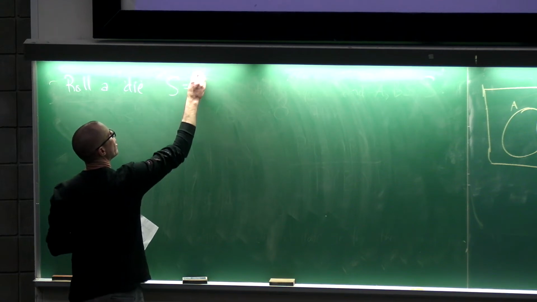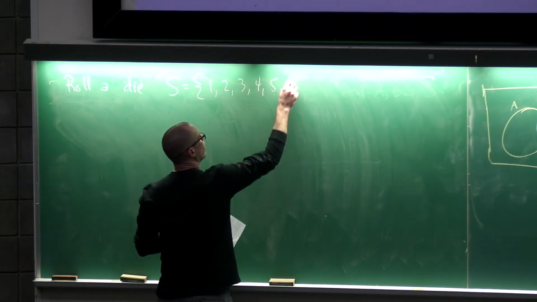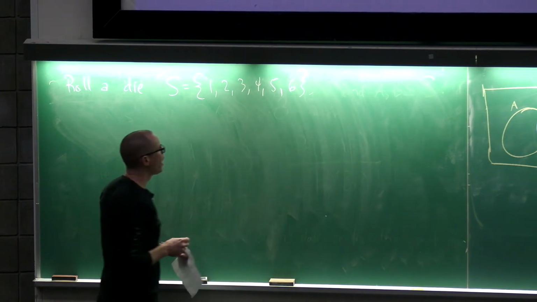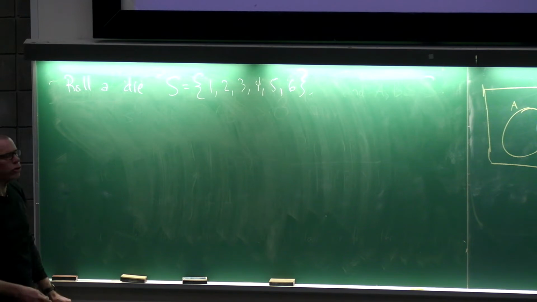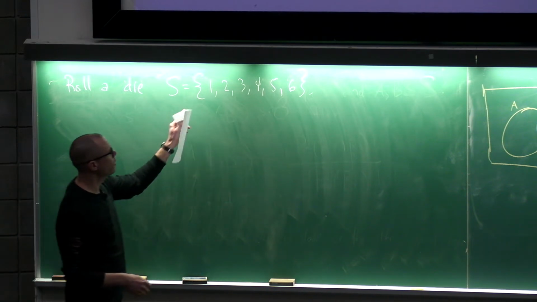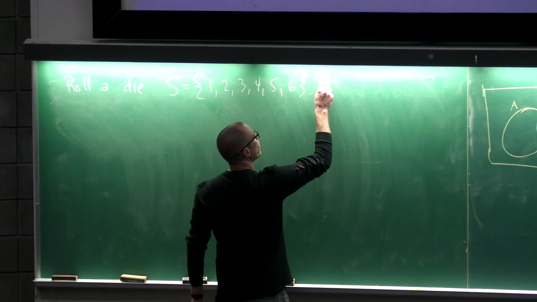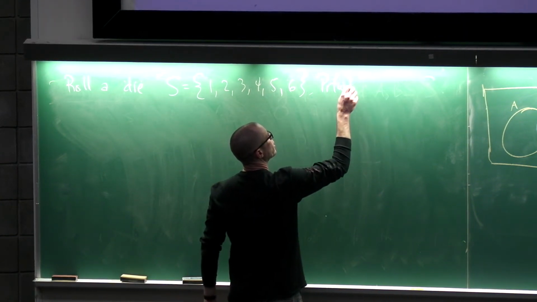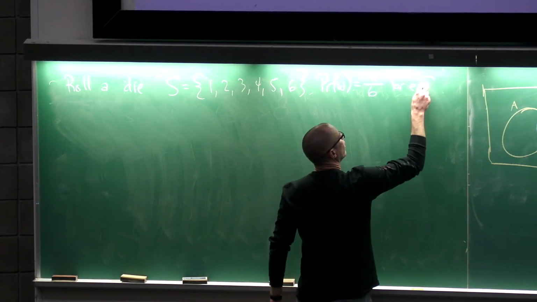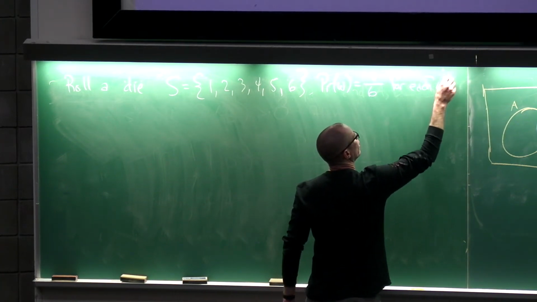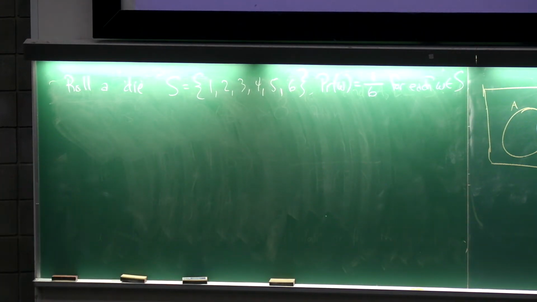So the set of outcomes, and we always model rolling a 6-sided die as a uniform probability space. So there's 6 possible outcomes, the integers 1 through 6, and the probability of any one of those is just 1/6 for each of those 6 outcomes. Okay?